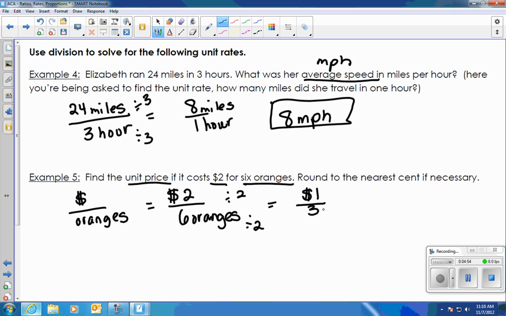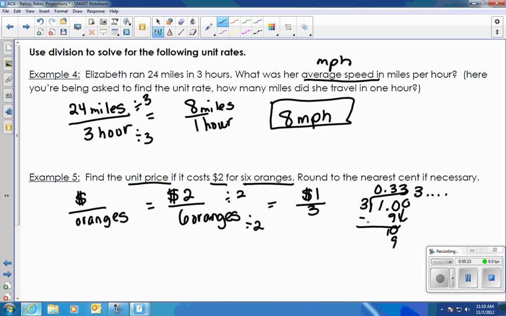This means 1 divided by 3. So 3 goes into 1, not at all. 3 goes into 10 3 times, and then so on and so on. So this would be a repeating number, which hopefully you knew from our last unit, 1 divided by 3, that's 0.3 repeating.